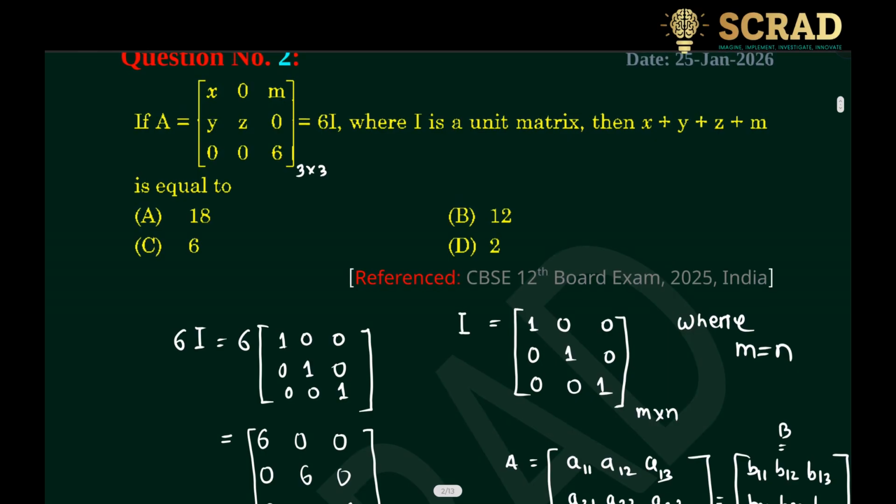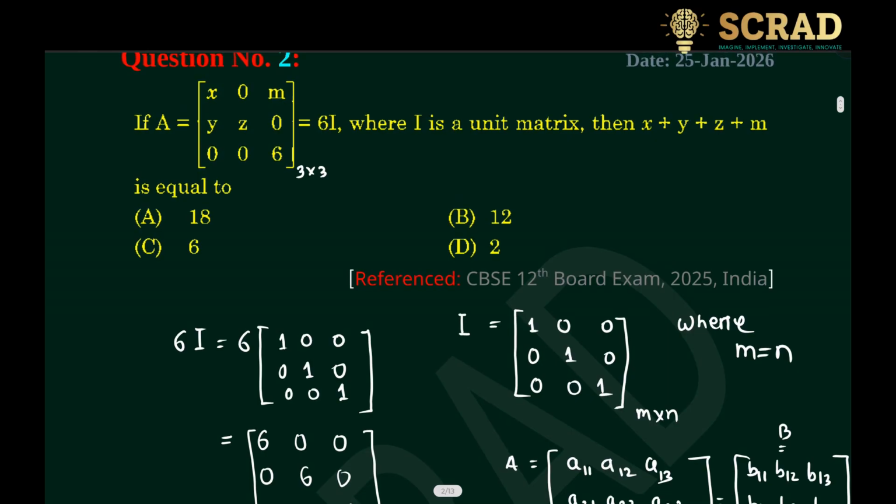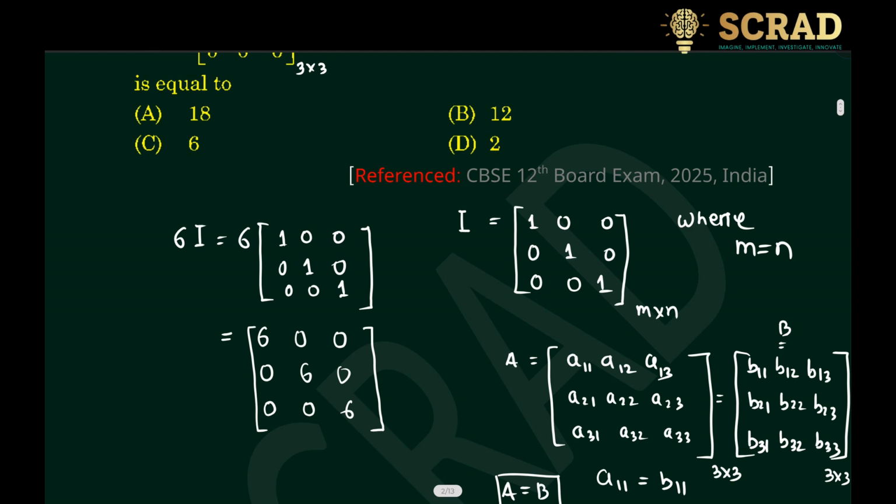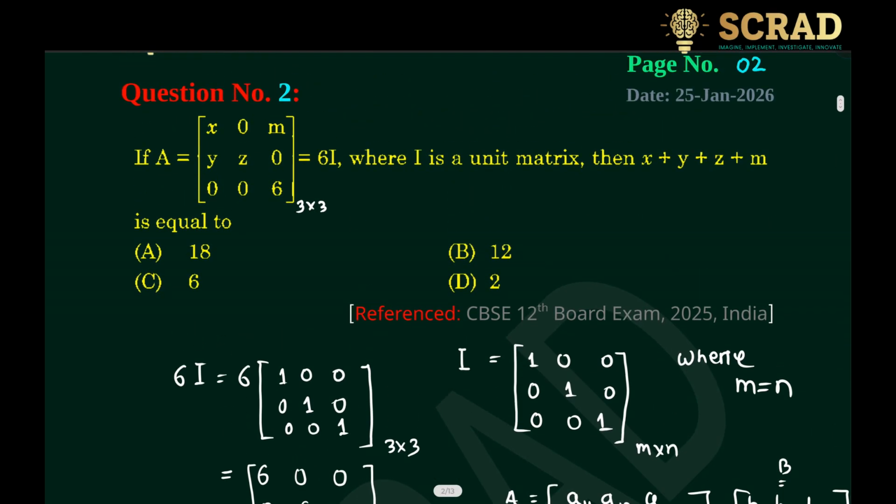Because in the question it is given that A is a matrix of order 3 cross 3 and I want to make it equal to 6I, that is why I have taken I here as a 3 cross 3 matrix. Then only we can compare.